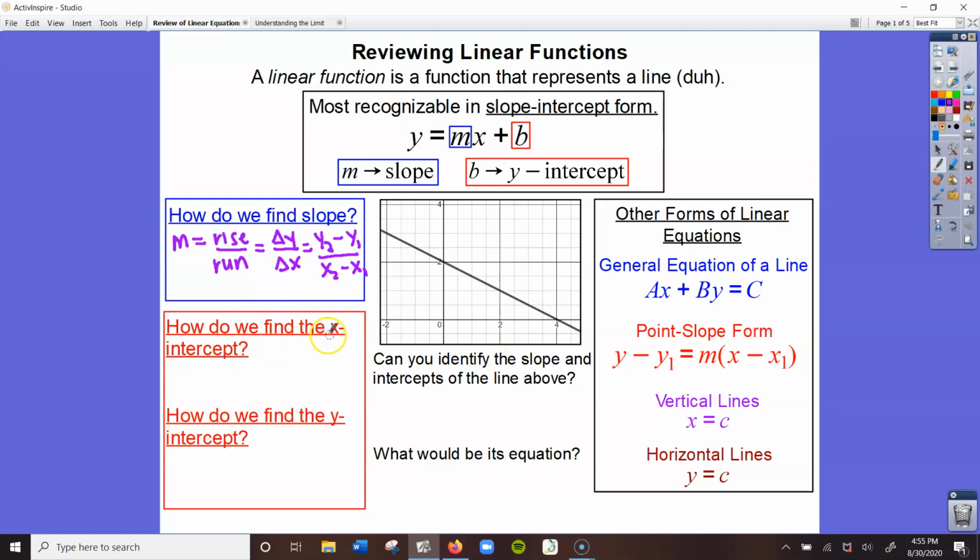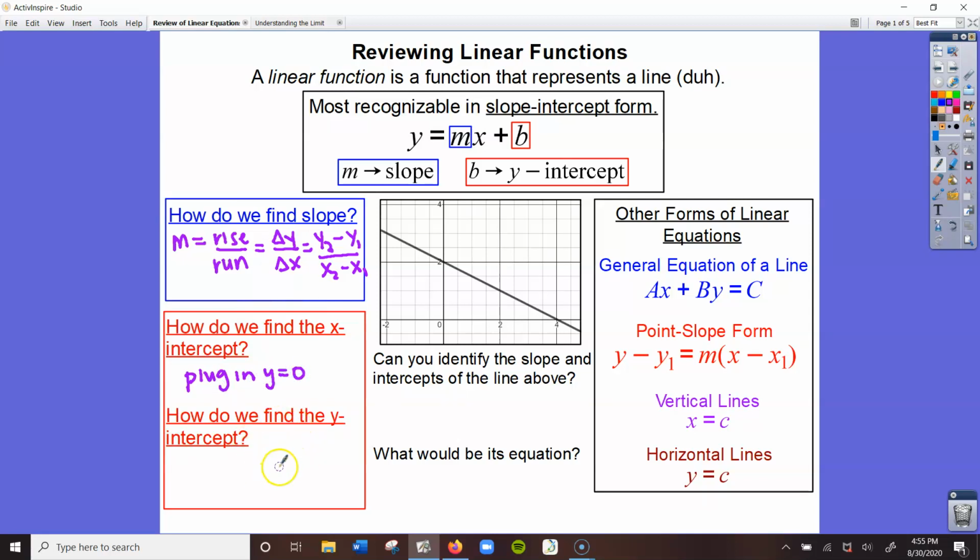Therefore, if I ever need to find the x-intercept that's not on a graph, meaning that I don't have a graph for it and I can't just look at it, we would take the equation and plug in y is equal to 0.